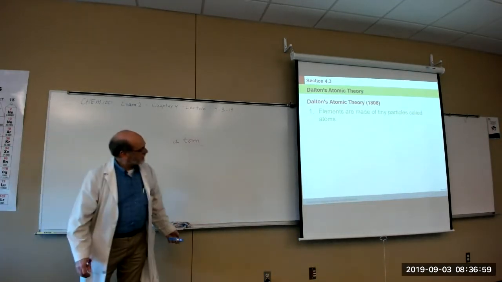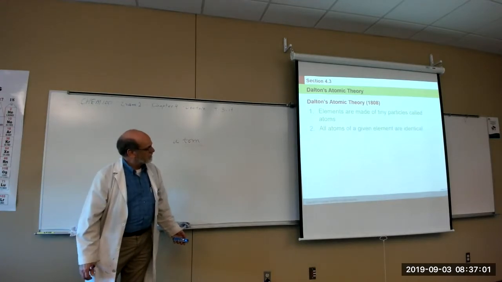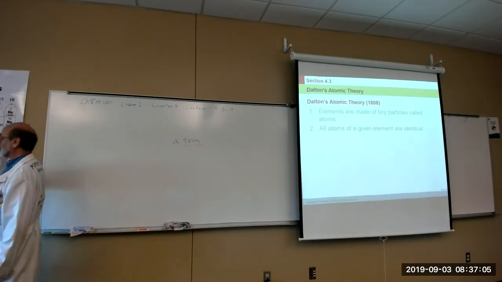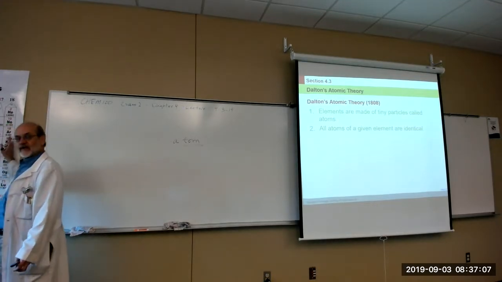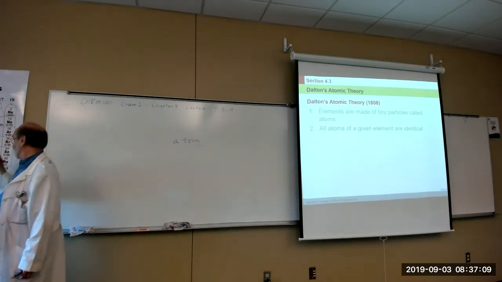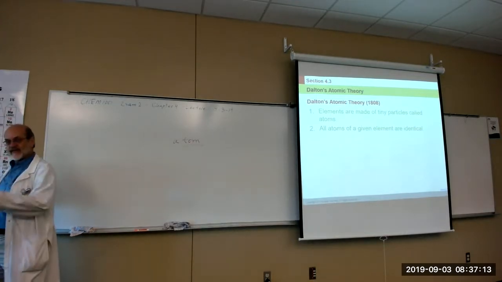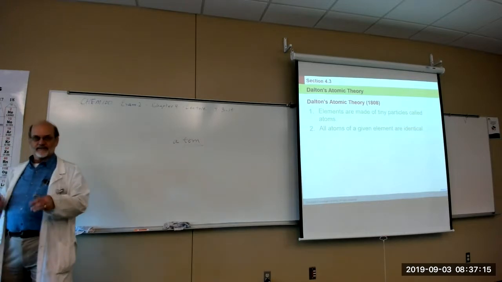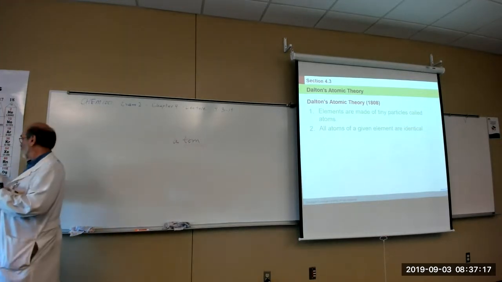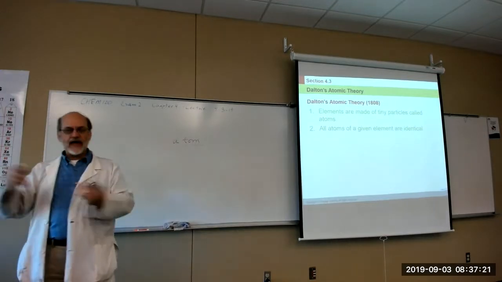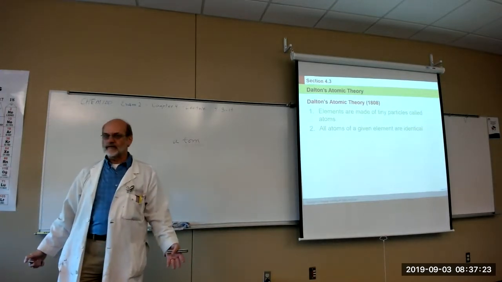And let's see, it's the second one. All atoms of a given element are identical. They're different than other elements, but they're the same for each element, right? So the atoms of bromine will all be the same. That's why bromine behaves the way it does, whether you have this amount or that amount, because the atoms are all the same. It doesn't matter how much you have.